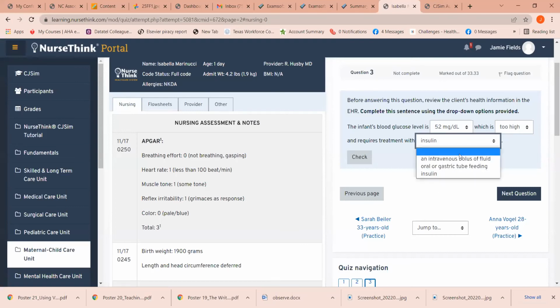Okay, someone said a bolus. I've got lots of insulins and a bolus. Okay, but if you can only do one, okay. All right, let's go to the next question.